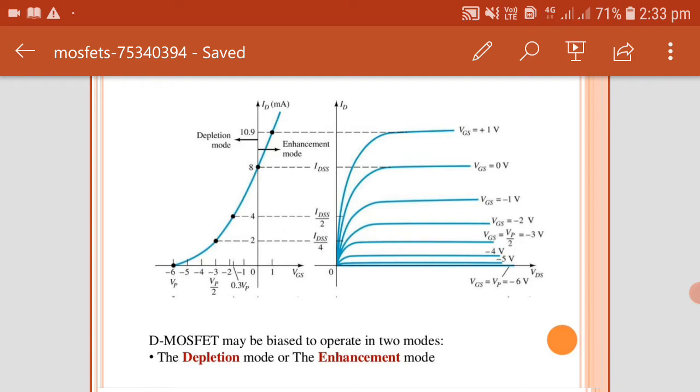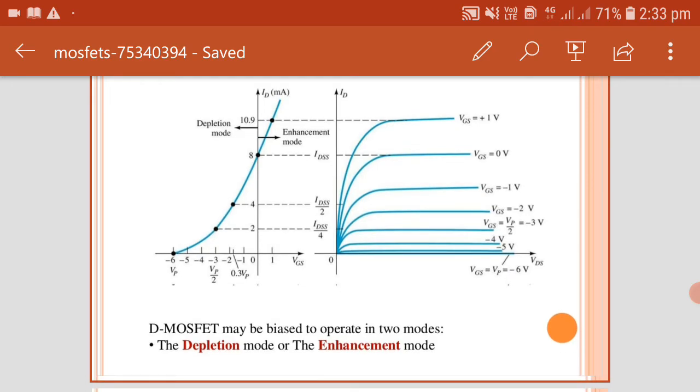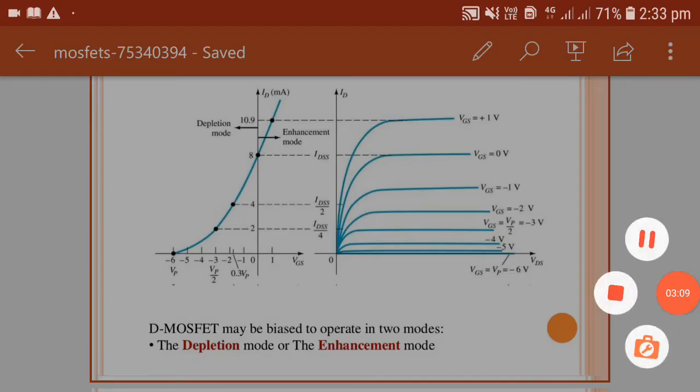In enhancement mode, VDS drain to source voltage is on the x-axis, and on the y-axis there is the drain current at a constant gate to source voltage VGS. So VGS is equal to plus 1 volt to minus 5 volt.